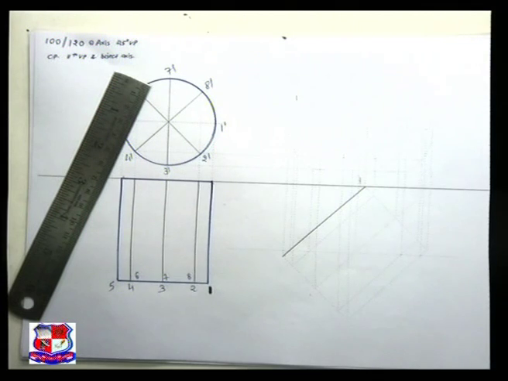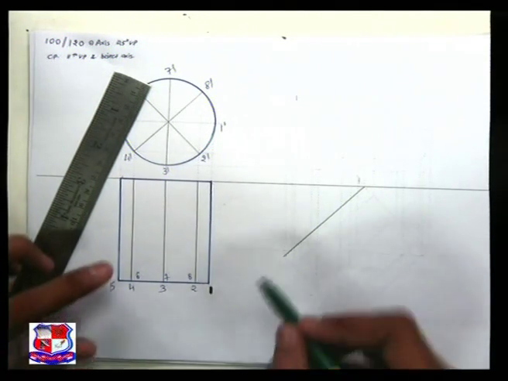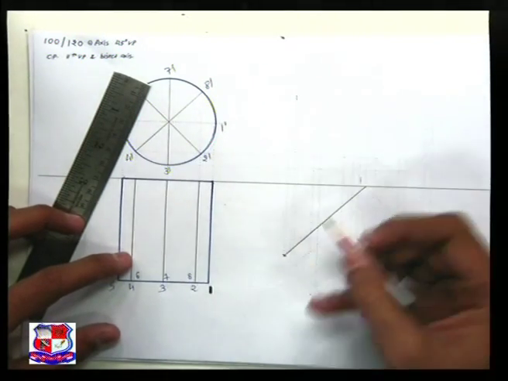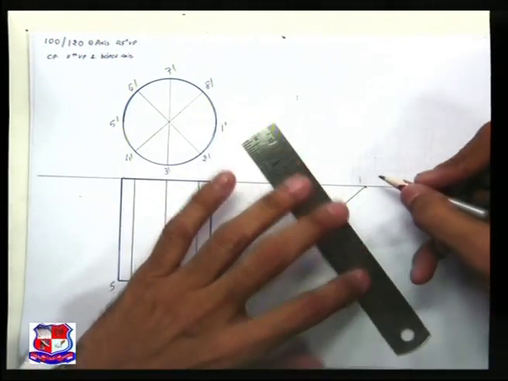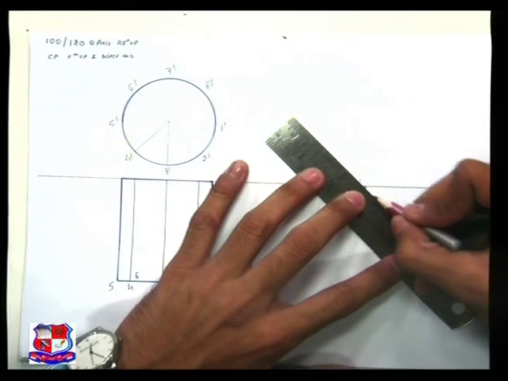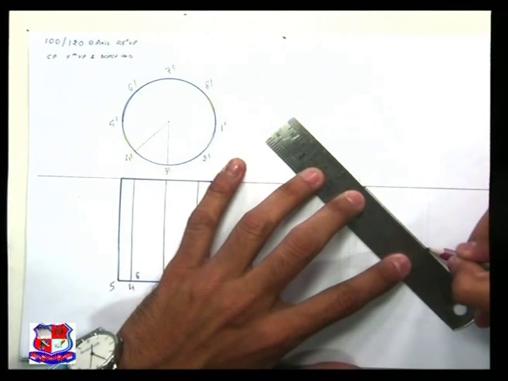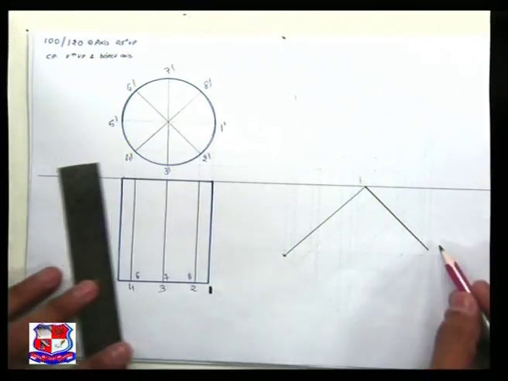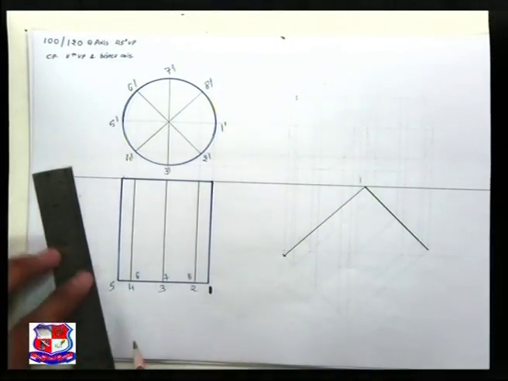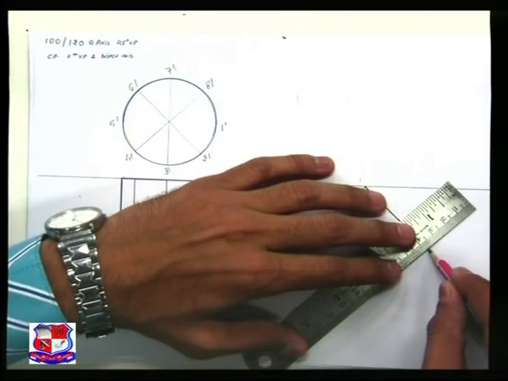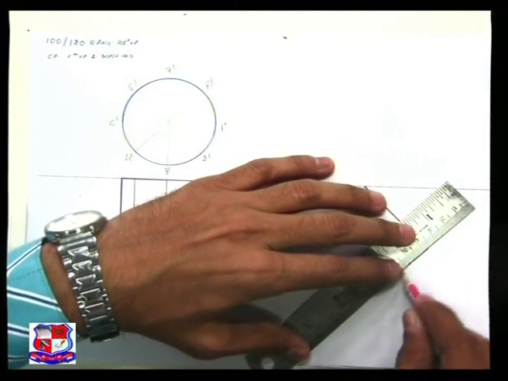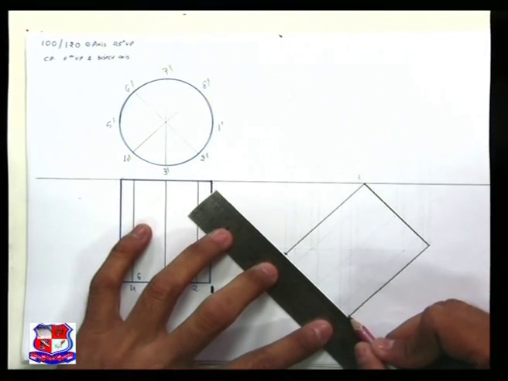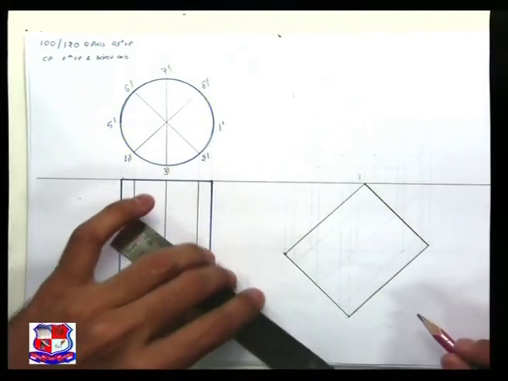Similarly, find out the position of other points. Here is the point and here is the point. So from this point draw a line at an angle of 45 degree on this side, so that the included angle would be 90 degree. So this line is this base, and here by measuring the distance draw a line at an angle of 45 degree, again a line over here.